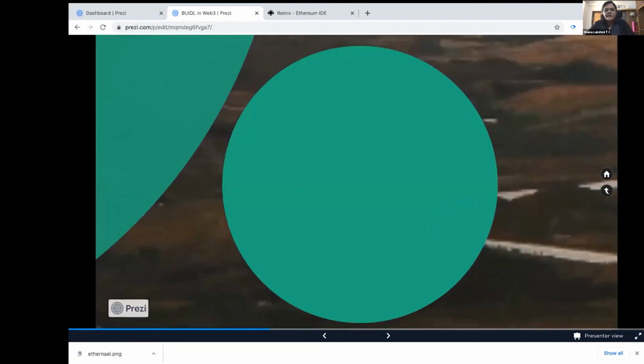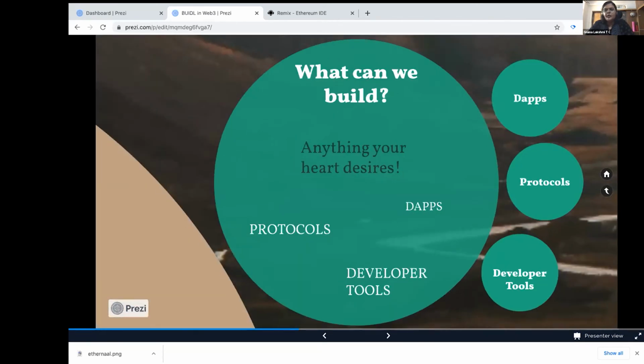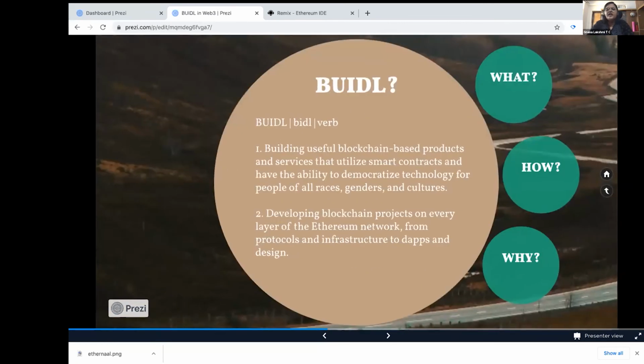So now that we have answered the what question, of course, the next question is how. How do you start building in this ecosystem? What are the things that you need to build in this ecosystem, right?